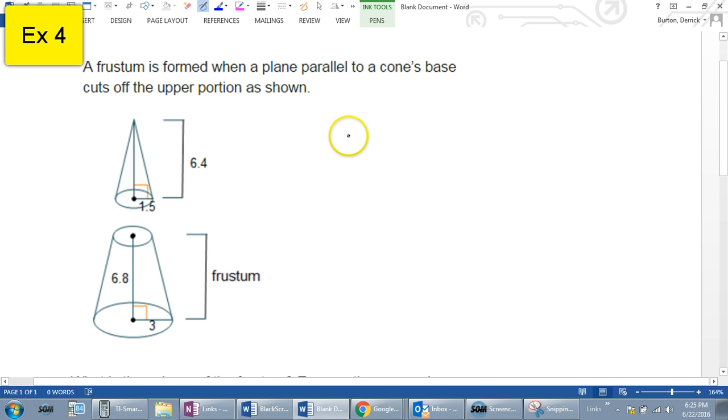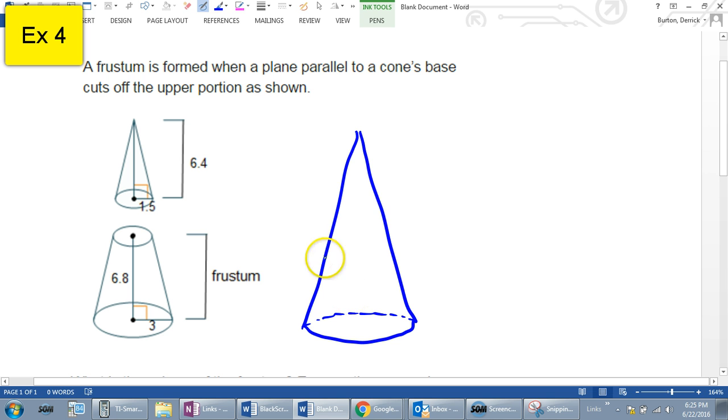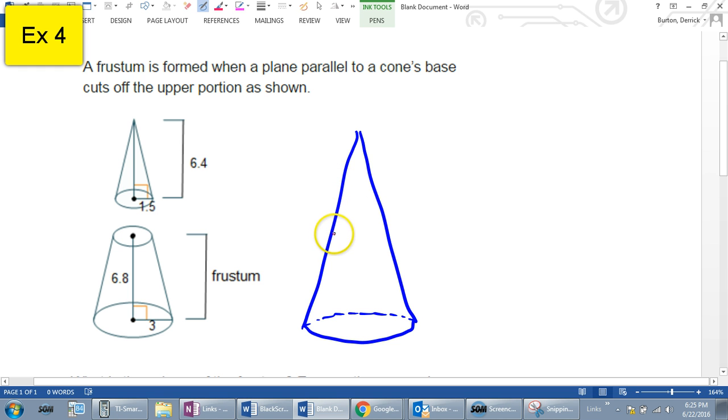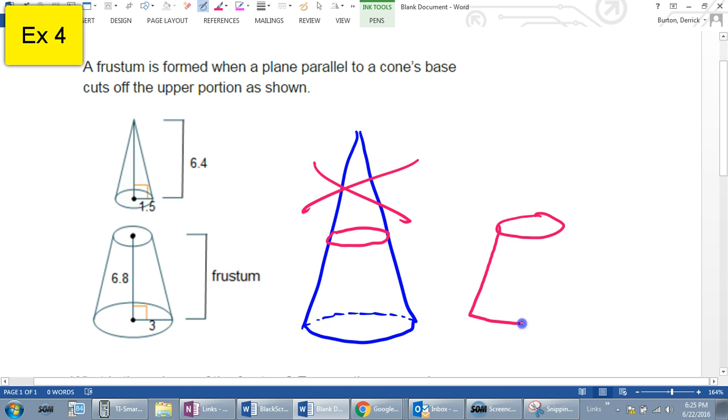So if you start with a cone, okay, now if you took a big machete and you cut off the top of it, okay, so if I came along and I sliced off the top like this, and you took the top of the cone away, then can you see that you would be left with a shape like this?